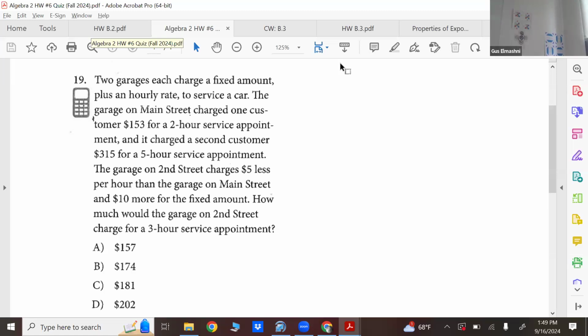Not divided. That was saying that they're getting $150 per hour plus a fixed amount is $2.